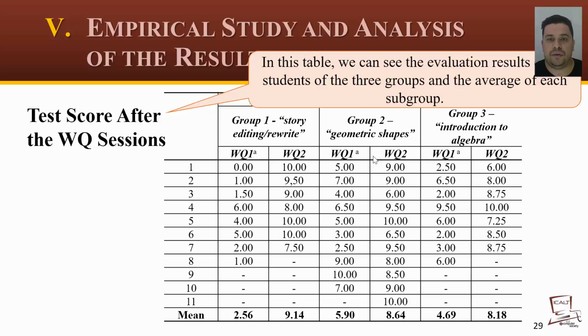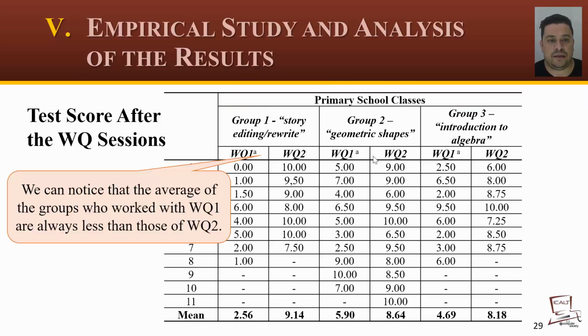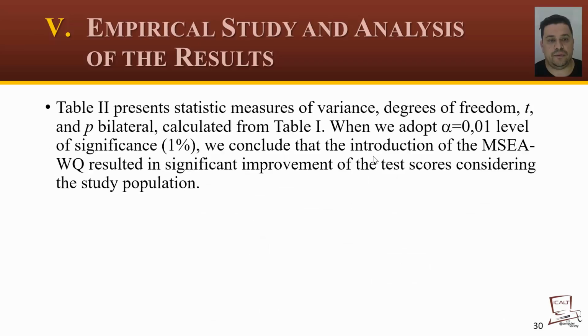In this table, we can see the evaluation results of the students of the 3 subgroups and the average of each subgroup. We can notice that the averages of the groups that worked with WebQuest 1 are always less than those of WebQuest 2. Table 2 presents statistical measures of variance, degrees of freedom, T and bilateral P, calculated from Table 1.